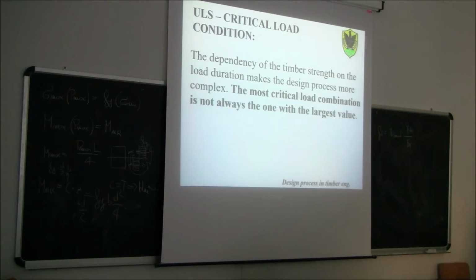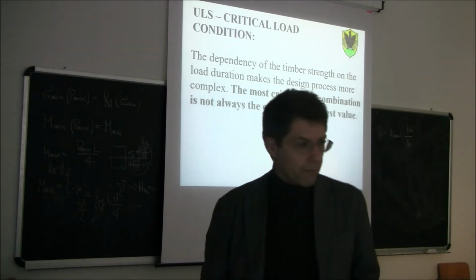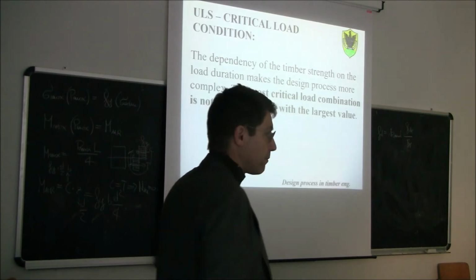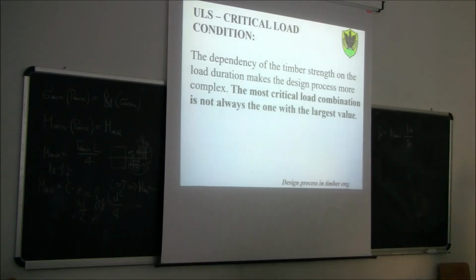You calculate the three values of the load combination, then which one do you take? Do you take all three to do the design, or only one? So you have, for example, to design a roof, with three variable actions: snow, wind, and maintenance.